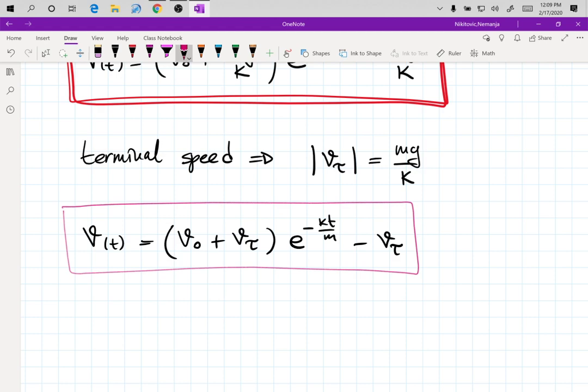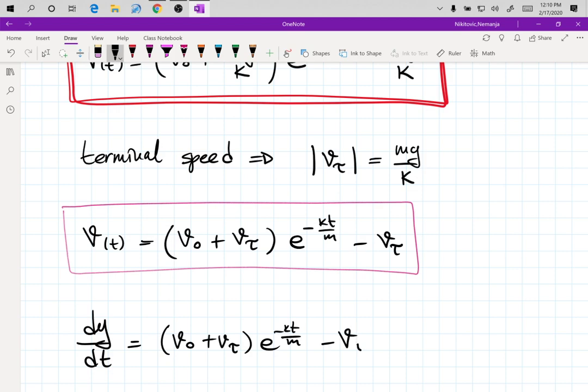So we're going to write that our velocity is dy dt, and then there is another separation of variables, where the only term you have to worry about is that e to the kt. Everything else is a constant. So it looks insane, but now we can write dy dt is equal to v0 plus v tau e to the negative kt over m minus v tau.